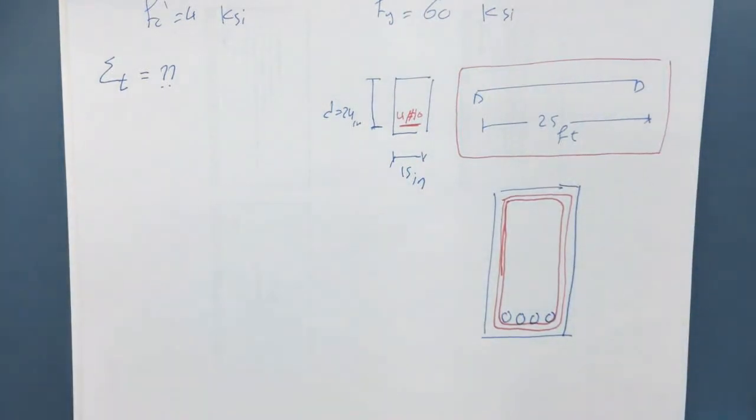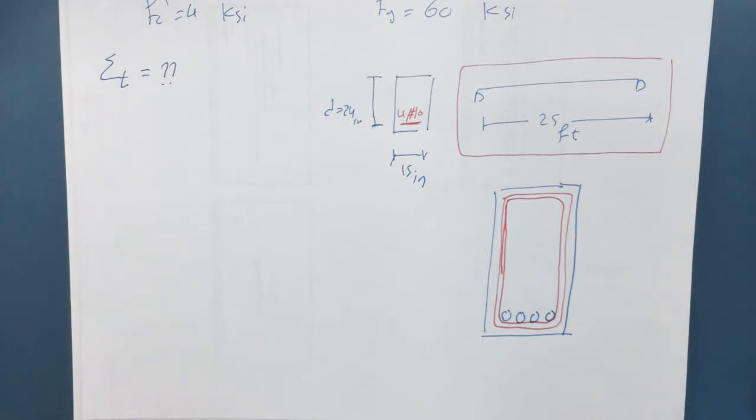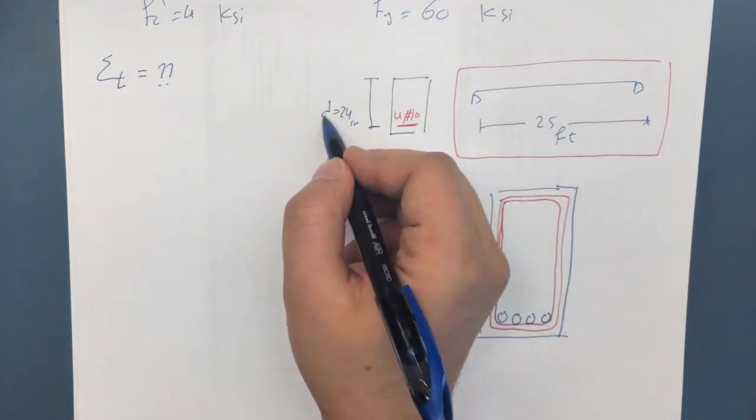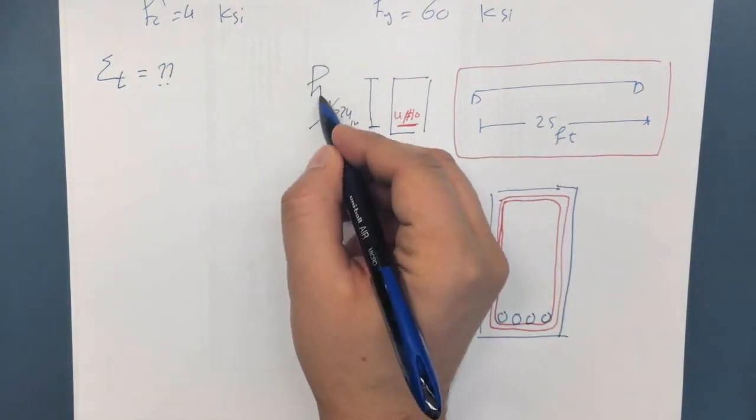Second, the problem is telling you, although it's not clear, and that's why I don't like this particular problem, it named this as d, but it's not. This is not the depth of the section. What they call the depth is actually the height of the section, h.